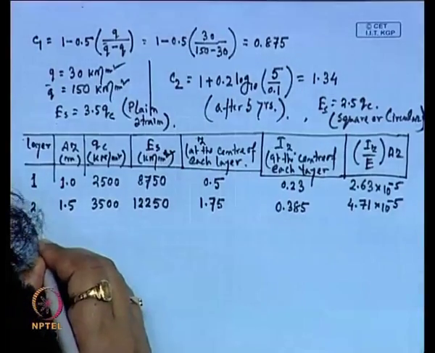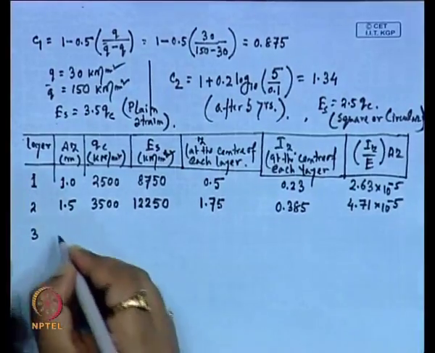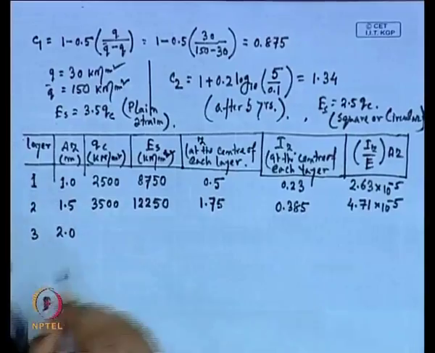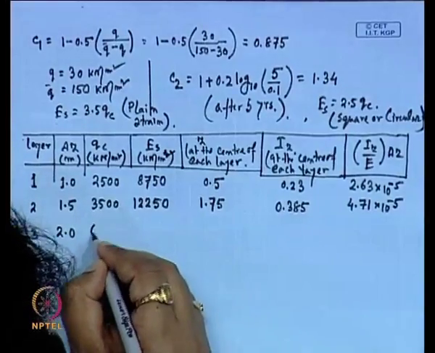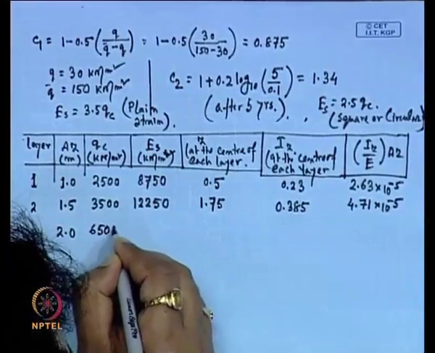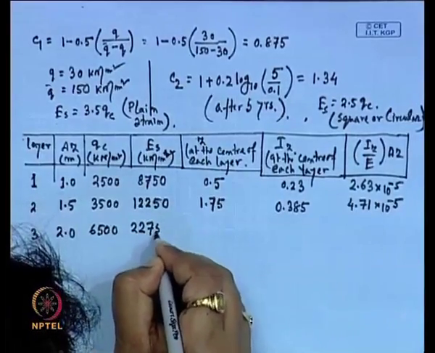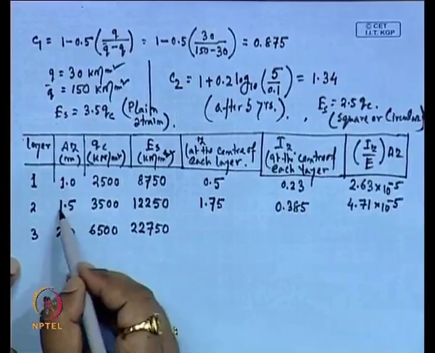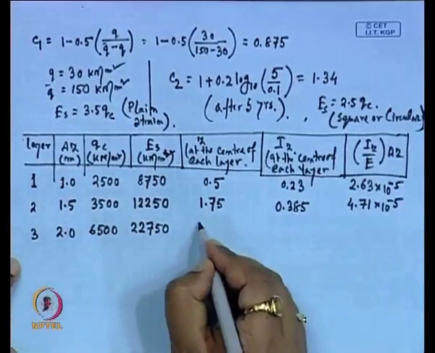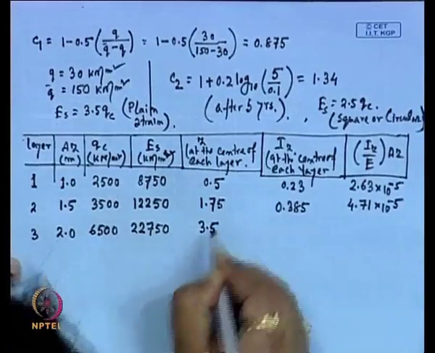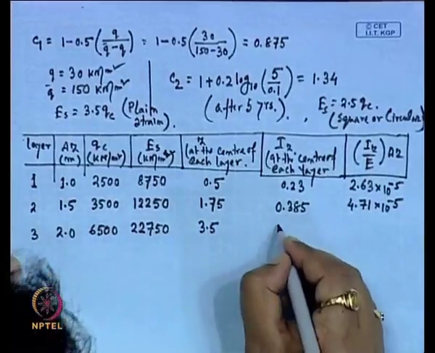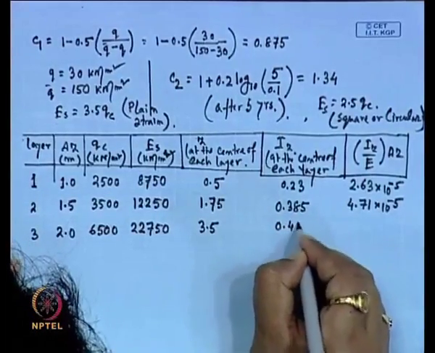Similarly, for the third layer, the thickness is 2 meter, Q c value 6500. So, this comes to 22750. The Z value at the center will be 2.5 plus 1, which is 3.5. The I z from the graph is 0.45.